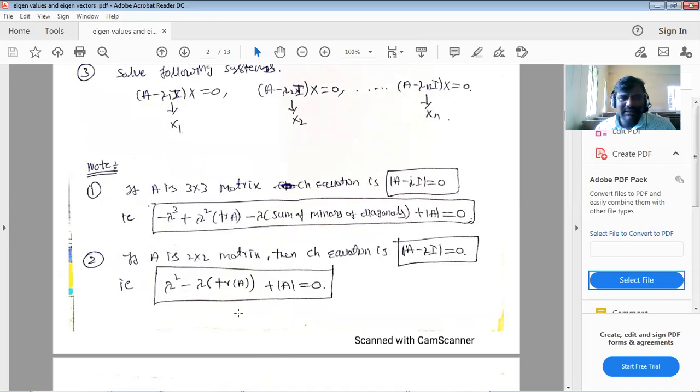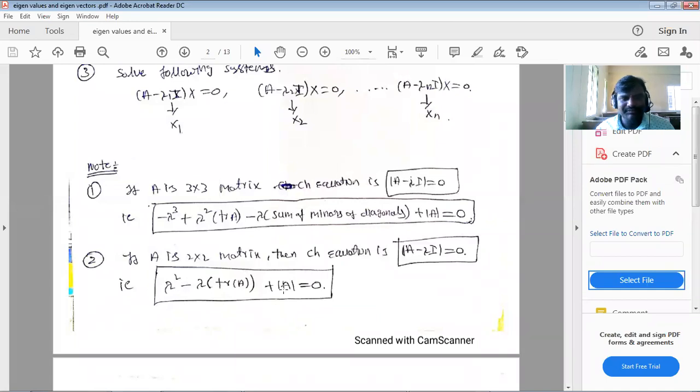Now back to the 3 by 3 matrix. A is a 3 by 3 matrix, and the characteristic equation is determinant of A minus lambda I is equal to 0. Now follow the formula carefully. For 2 by 2, the signs were plus, minus, plus: the lambda square coefficient is plus.